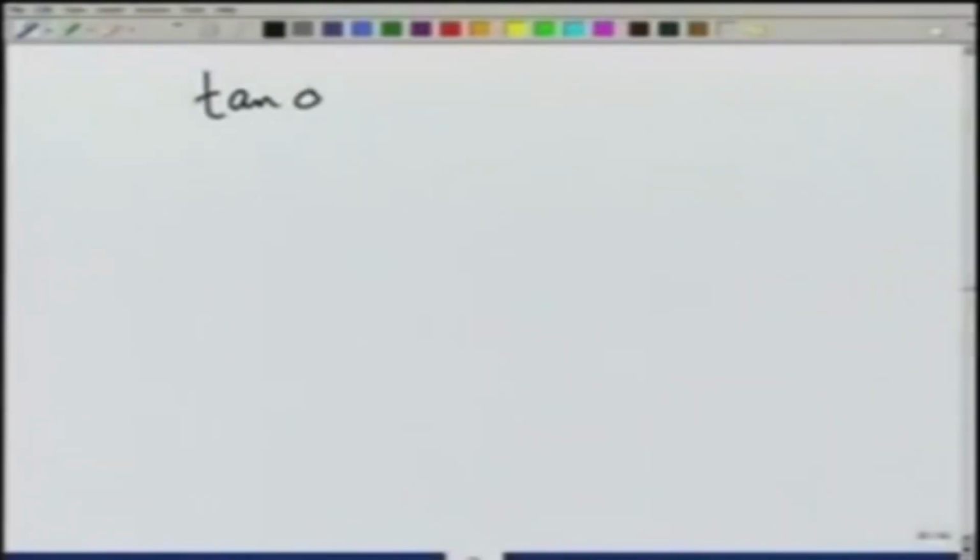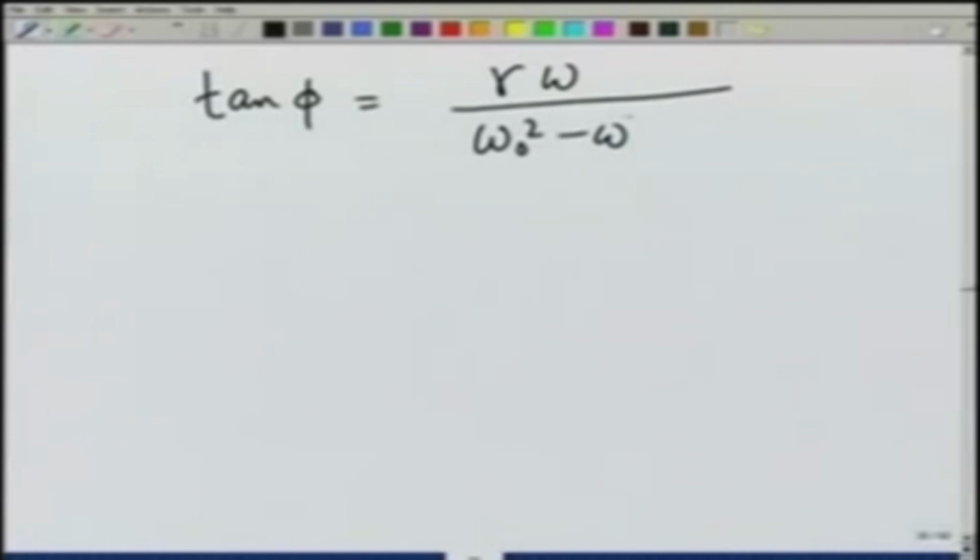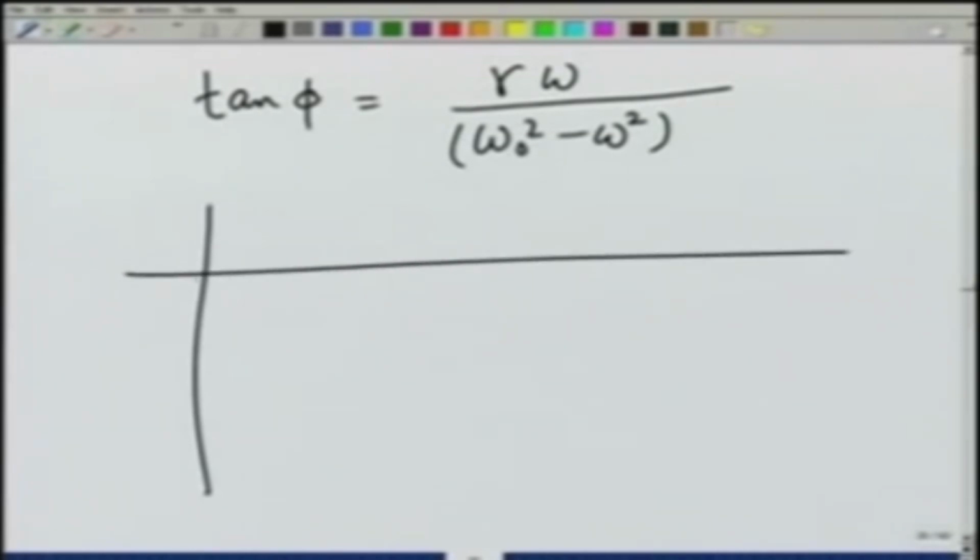How about the phase of the system? Recall that the system, when subjected to this force, lags behind the force by an angle phi, where tangent phi equals gamma omega over omega 0 square minus omega square. So, for very low frequencies, if this is omega and I were to plot phi against omega, the phase is almost the same as the applied force. So, the system is moving with the applied force.